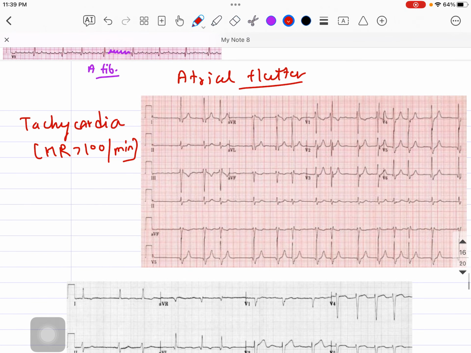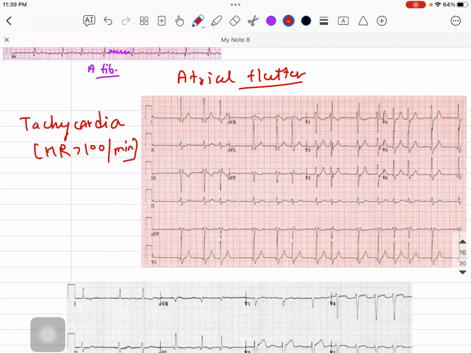Okay. Second thing over here is that the formula which we use in the atrial fibrillation patient is to count the number of bigger boxes. These are 30 big boxes. Among 30 big boxes, you count the QRS complexes and multiply by 10, right?